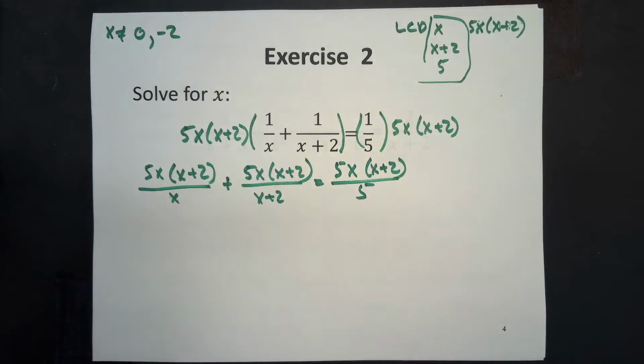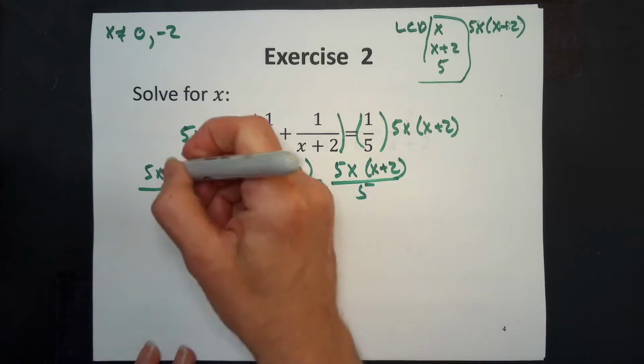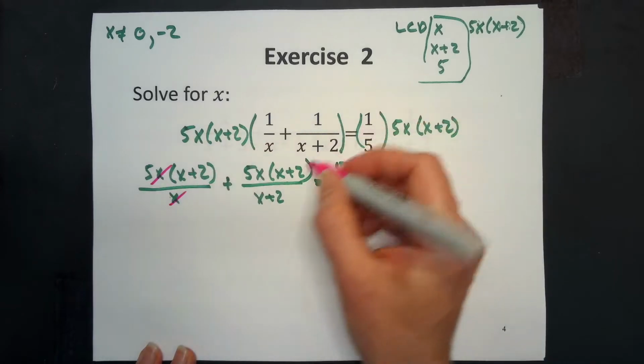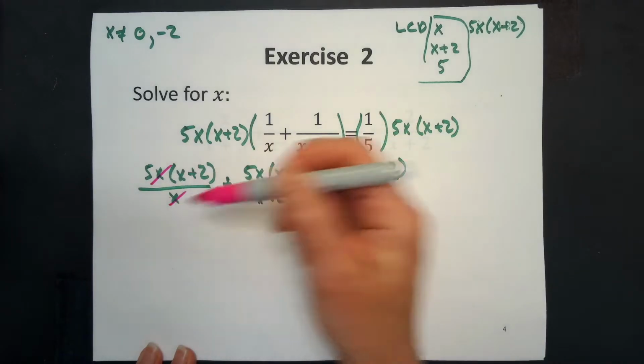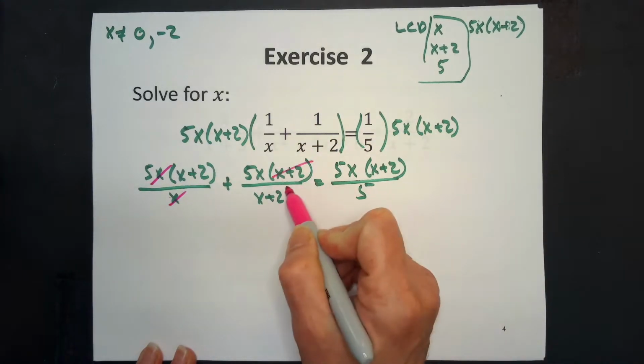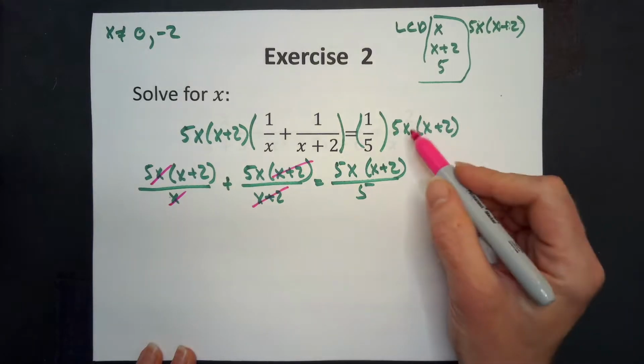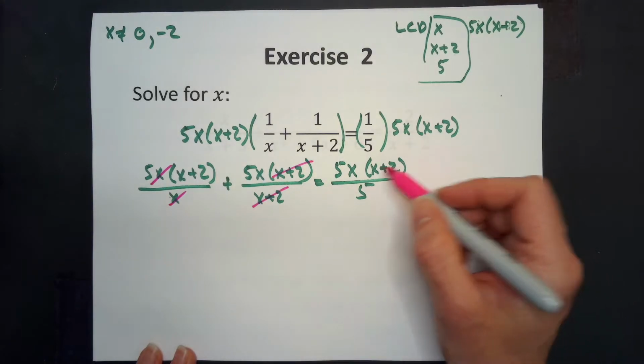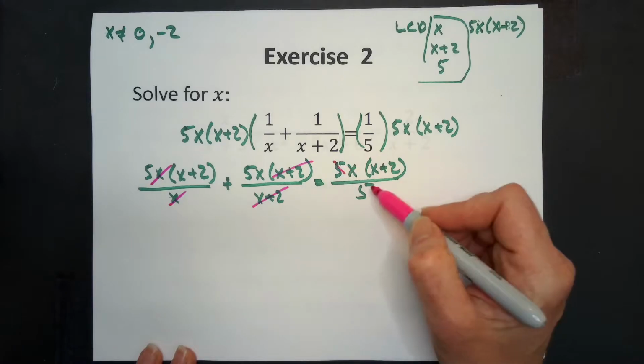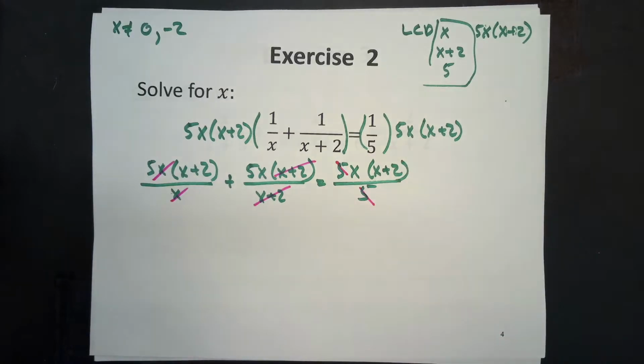And we go through and we cancel our denominators. Once again, if we pick the correct least common denominator, those can cancel. So in the first term, the x's cancel. Second term, the x plus 2's cancel. And in the right-hand term, my 5's cancel.